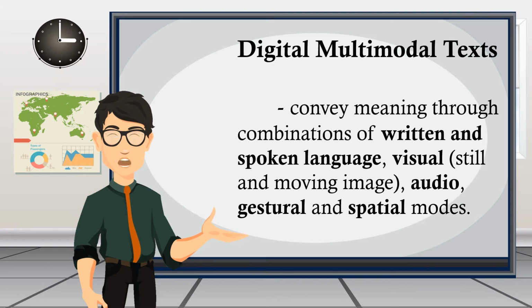As I have mentioned a while back, multimodal text can be in a form of text, live, or digital. So let's have digital. Digital multimodal text, such as a film, animation, slideshows, e-posters, digital stories, and web pages, convey meaning through combinations of written and spoken language, visual, still and moving image, audio, gestural, and spatial modes.